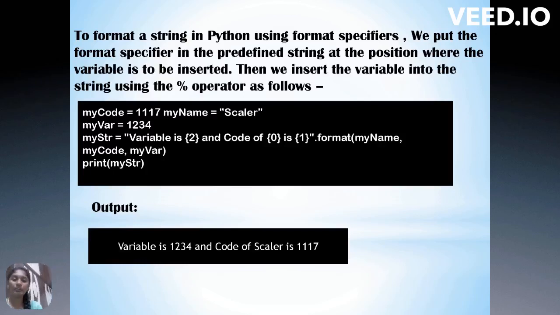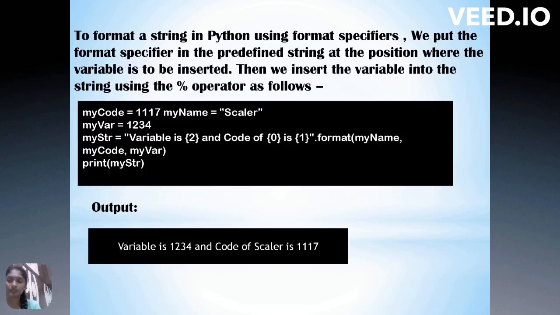My code is 1117, my name is Scalar, my variable is 1234. My string is: variable is %d and code of %s is %d. Print my string. Then the output is: variable is 1234 and code of Scalar is 1117.